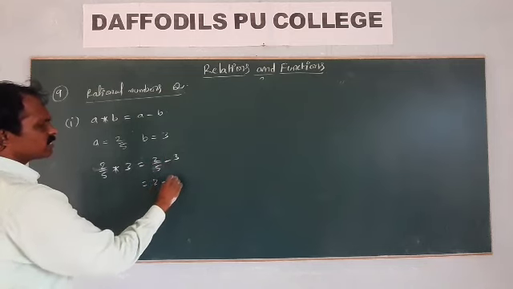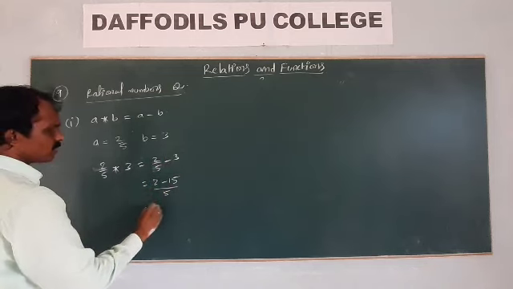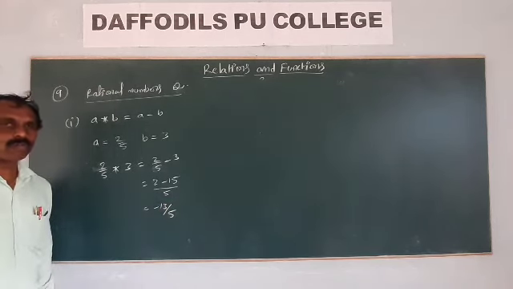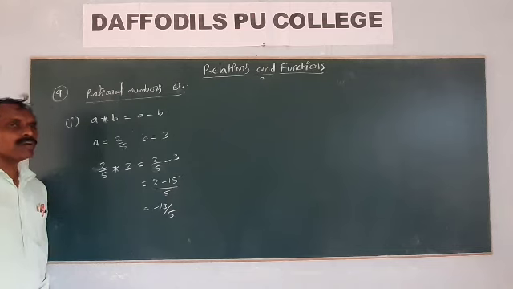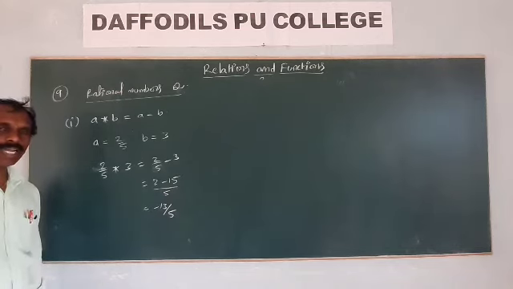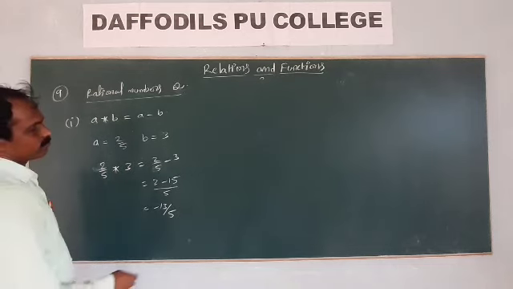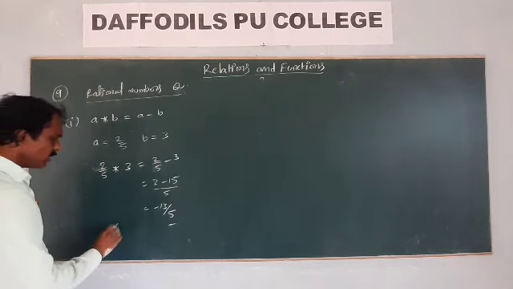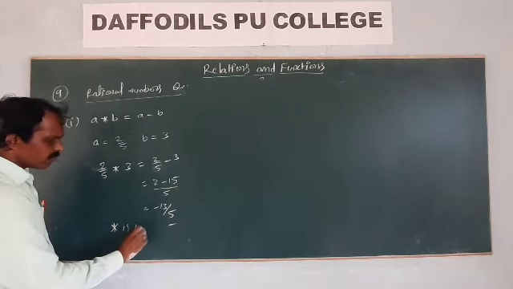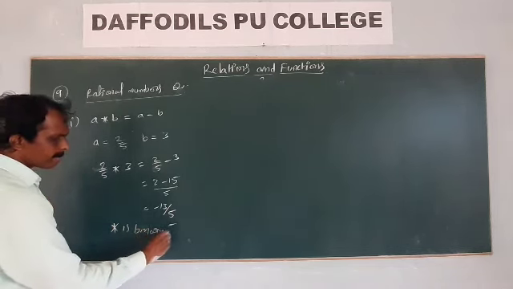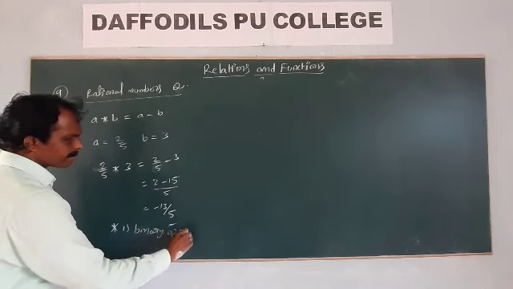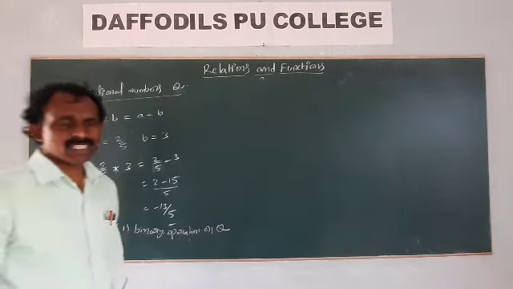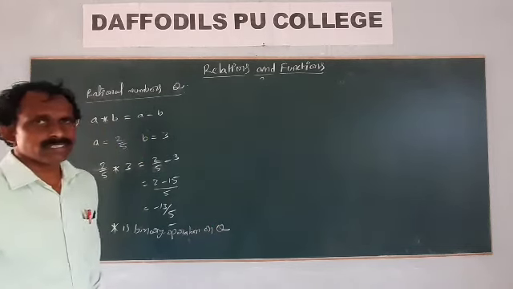So 2 minus 15 by 5, that implies minus 13 by 5. How much is this value? 2 point something 6. So this is a rational number. So here star is a binary operation on the set Q.